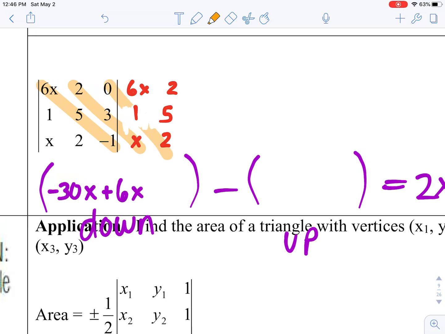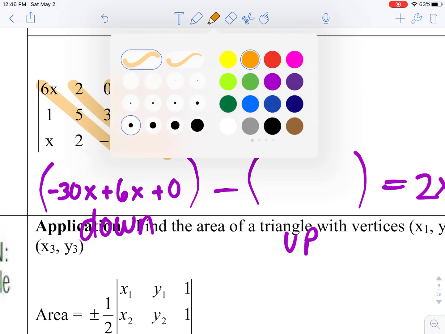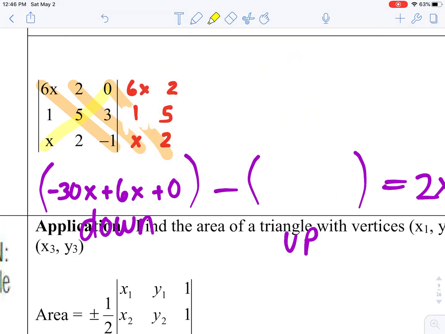And then 0 times 1 times 2 is 0. Working in the other direction, x times 5 times 0 is 0. 2 times 3 is 6, and 6 times 6x is positive 36x. And then negative 1 times 2 is negative 2.